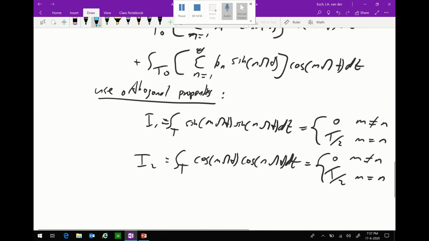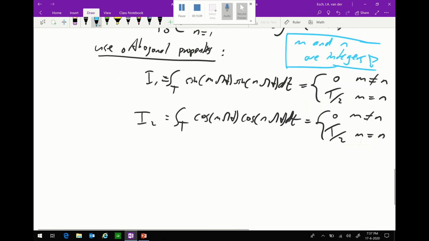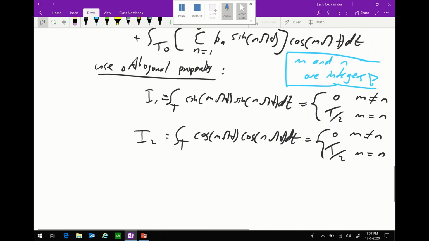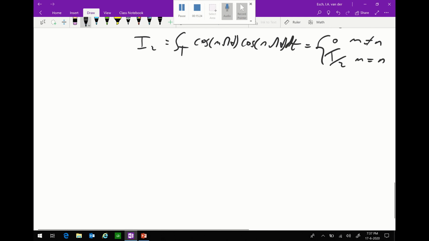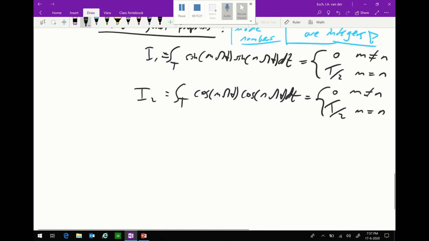And I forgot one important remark: m and n are integers. That's very important to know. In literature, m and n are often called the mode numbers, or the number of the mode.